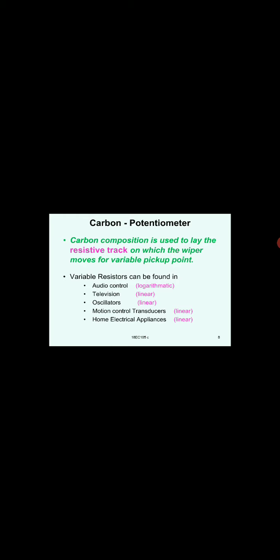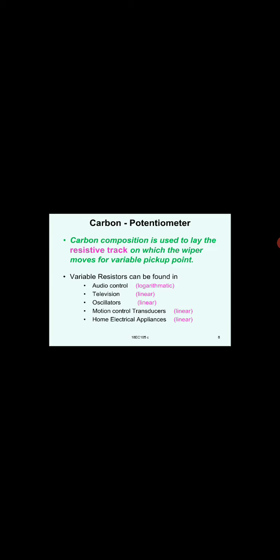The variable resistors can be found in audio controlled circuits, televisions, oscillators, motion control transducers and home electrical appliances, where normally you will have a control knob to vary the volume in radios and television receivers, sometimes to vary the brightness, contrast and color levels in a TV, of course in the older models.